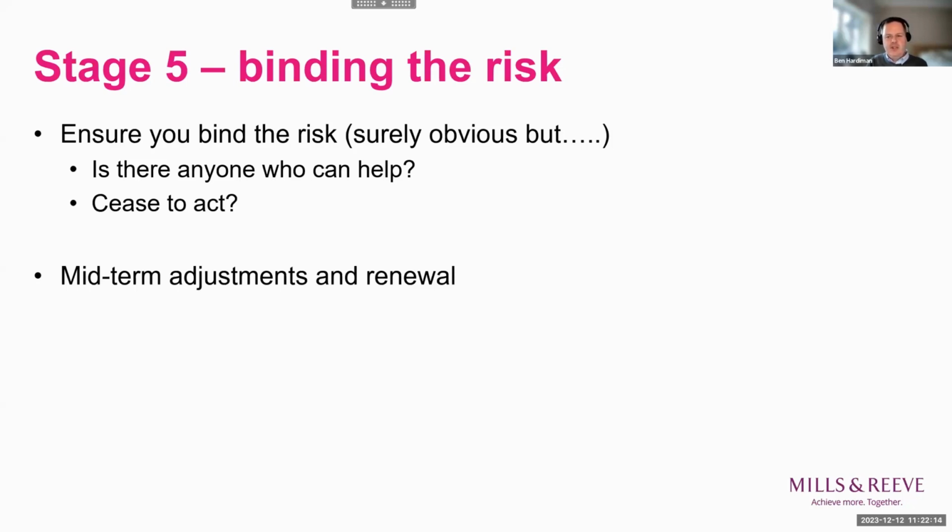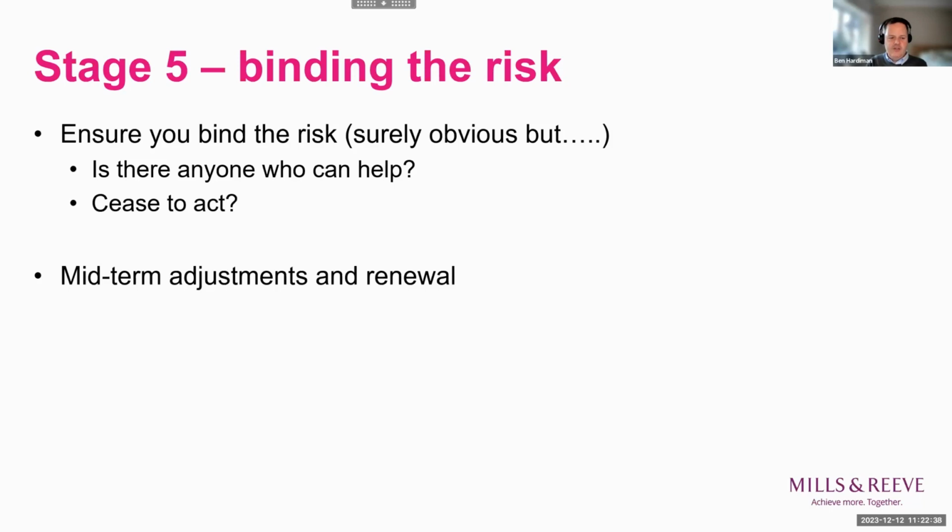And that may enable you as broker to maintain the relationship with the client and add value to the proposition that you can provide. In the worst case, and this goes back to what Liam said earlier about fiduciary duties and not putting your own interests above the client's, it may be that you have to point the client elsewhere if you cannot find the cover that they need.